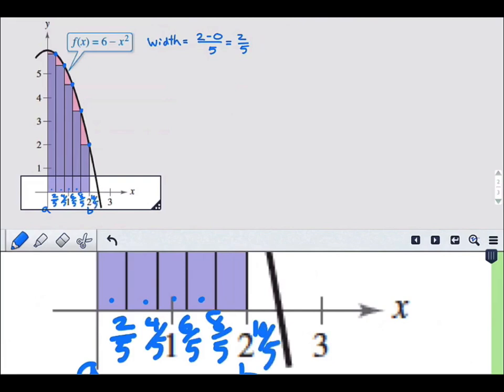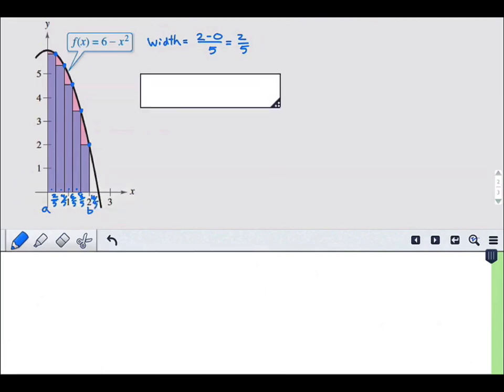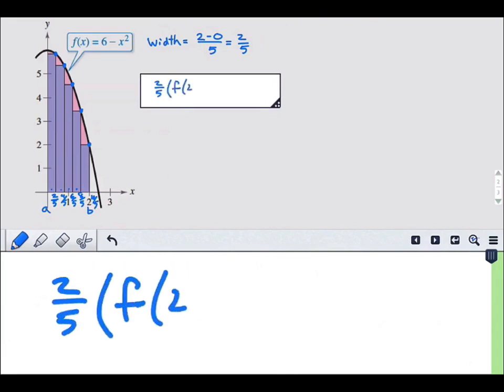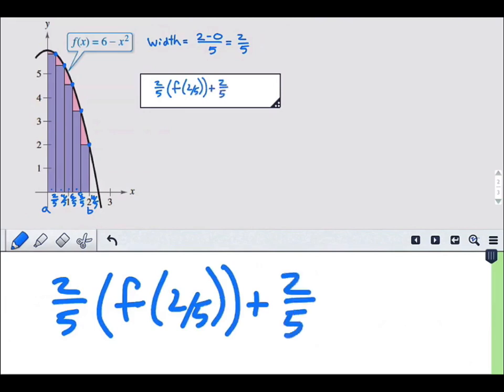The first rectangle has width 2/5 times the height, f of 2/5. Our second rectangle has the same width, and the height will be f of 4/5.